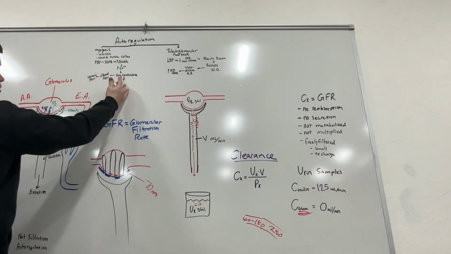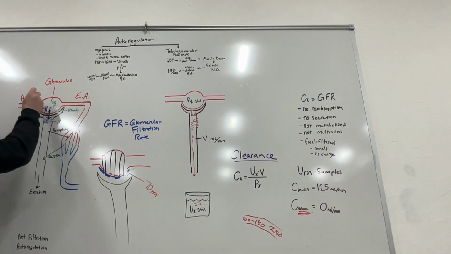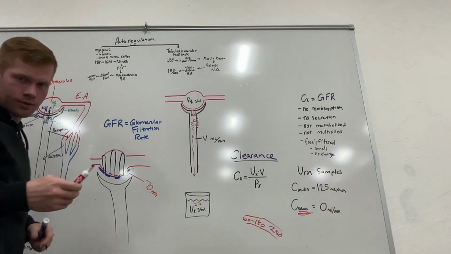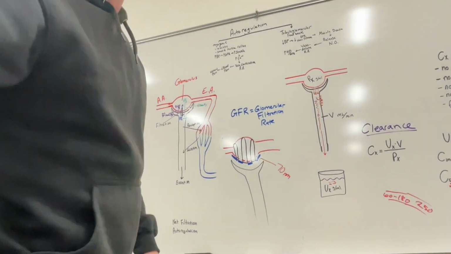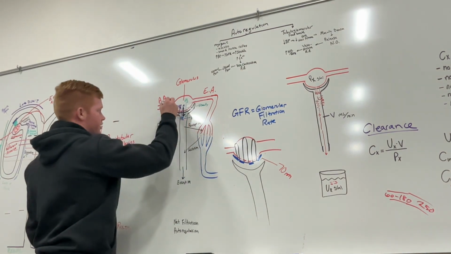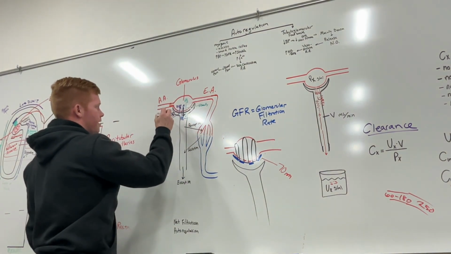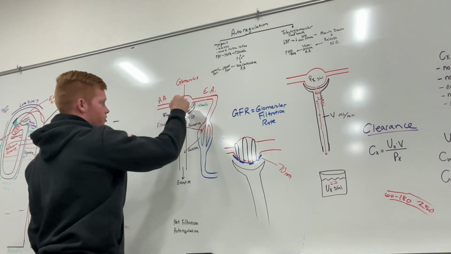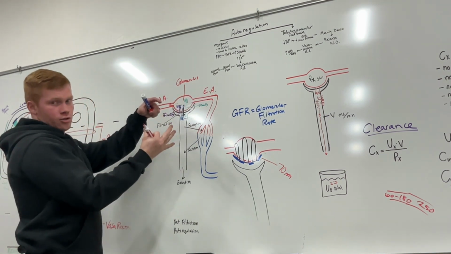So if we vasoconstrict that afferent arteriole, we're going to make it smaller. I'm looking at the wrong part. The afferent arteriole, if we constrict it, is going to reduce the amount of blood flow in here, which is going to reduce the amount of blood, so it isn't going to be as stretched out.